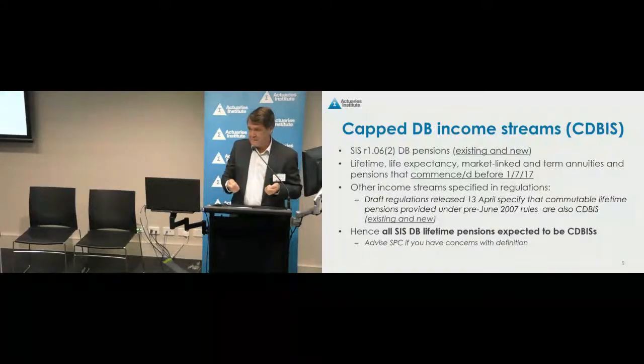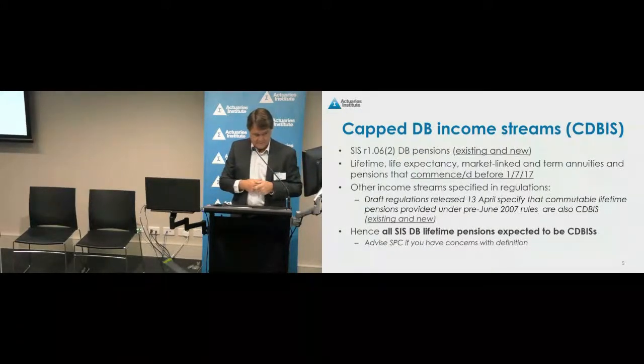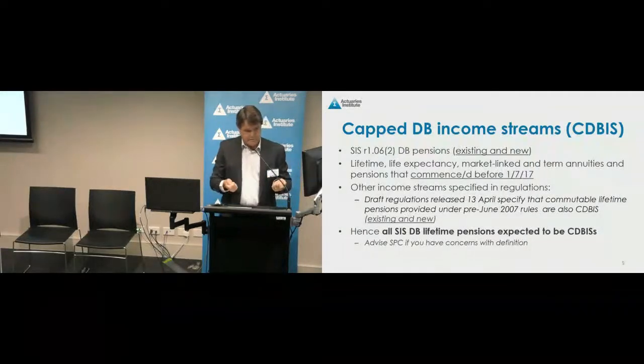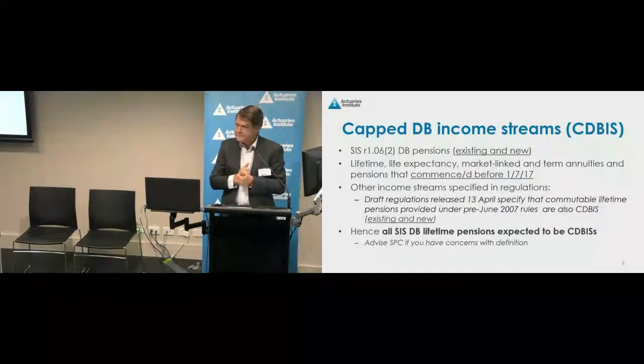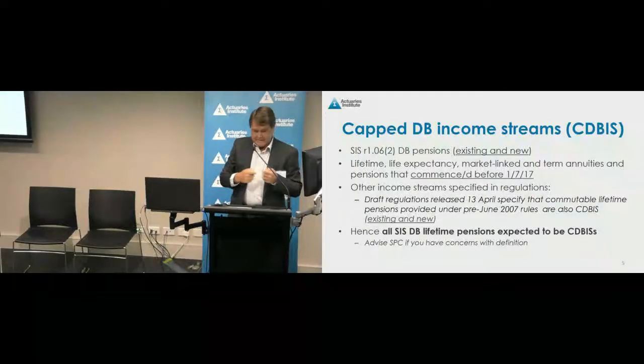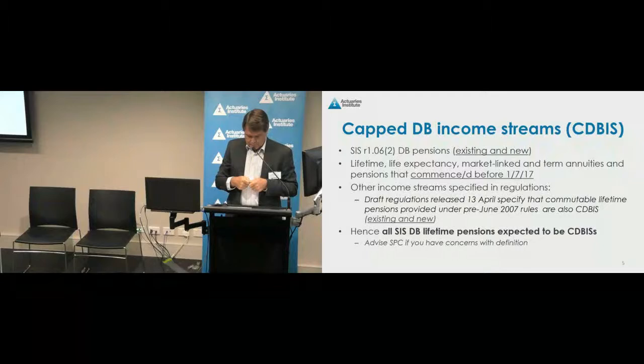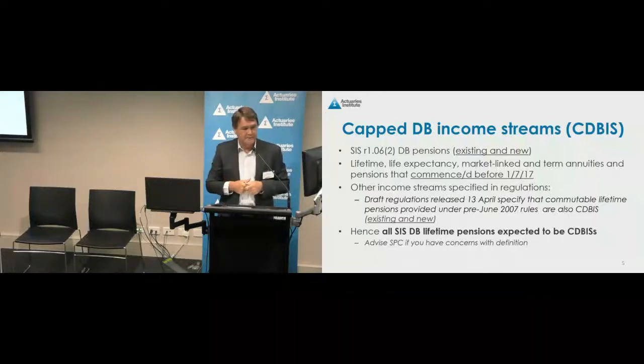If that regulation becomes law, and it isn't law at the moment, it's only a draft regulation, an exposure draft, subject to comment I think by next week, then we think most DB lifetime pensions will be expected to be covered as a capped DB income stream.